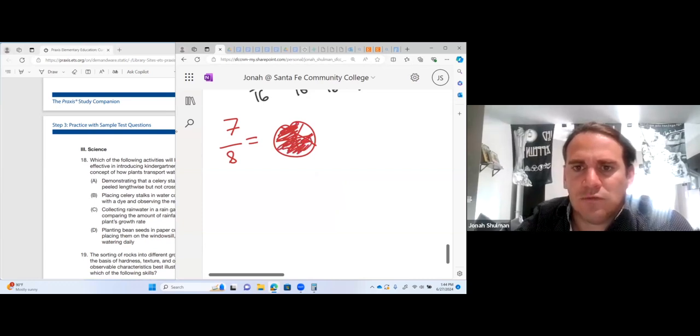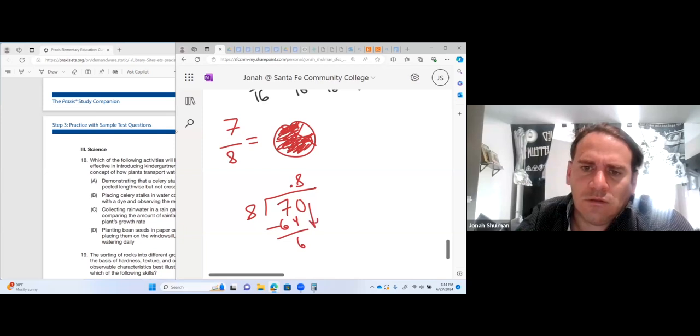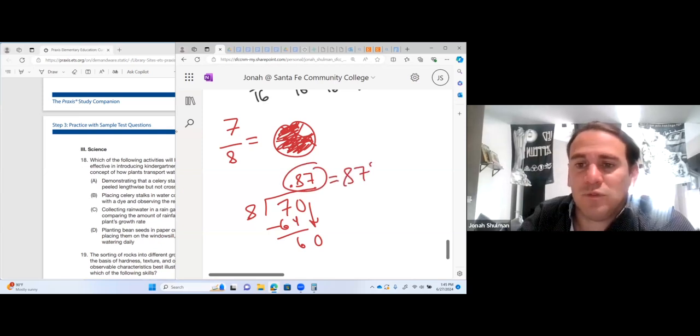That's what I see when I see 7 out of 8. Or you can do top number special, gets to live in the house. 8 goes into 70 8 times, that's 64. 8 goes into 60 7 times, that's 56. So I got an 87%. Maybe I'll do better on the next one.